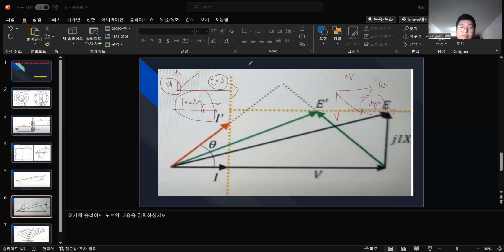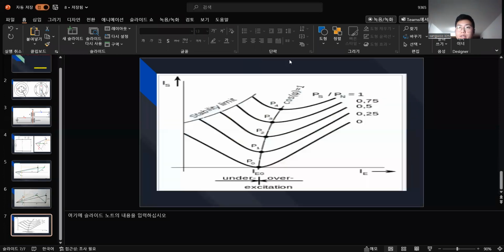So this is the result, guys. Today is kind of difficult, but don't worry about it, okay? We will learn about under and over excitation. Over means we are supplying, right? Actually IF is increased, which means E is increased, right?